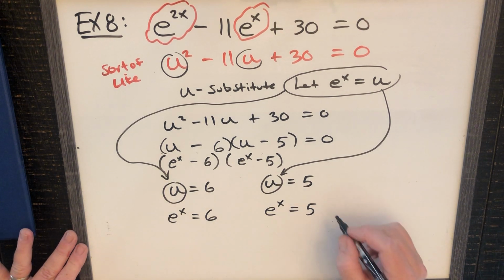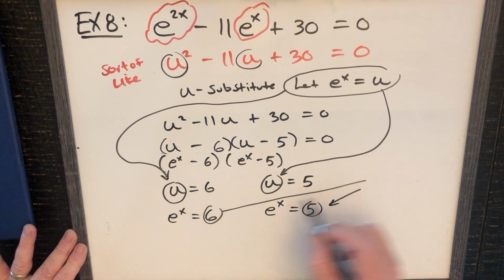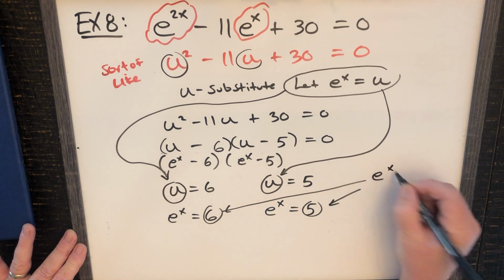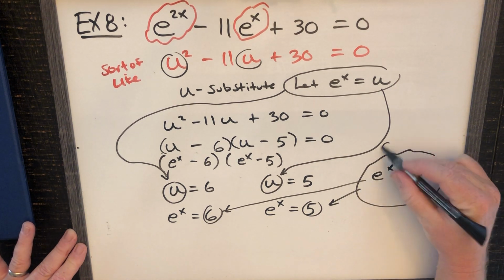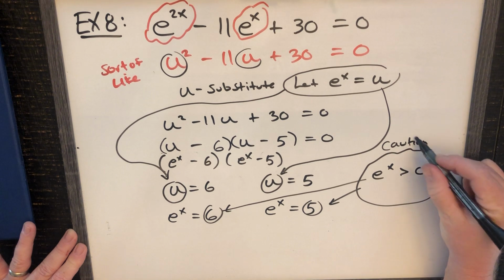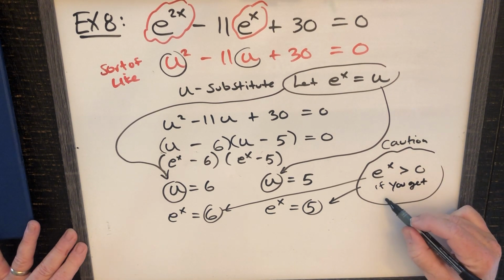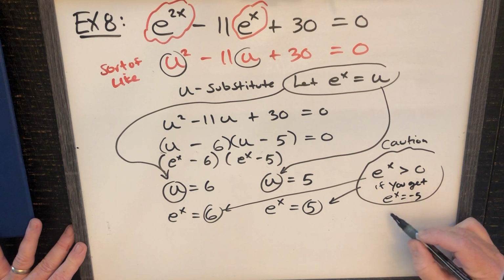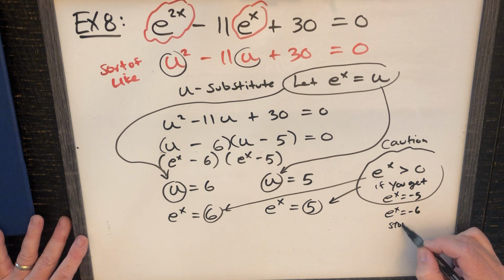And then I also want to caution you, when you do this process, e to the x must always be greater than 0. So if you get something like e to the x equals -5 or e to the x equals -6, stop.